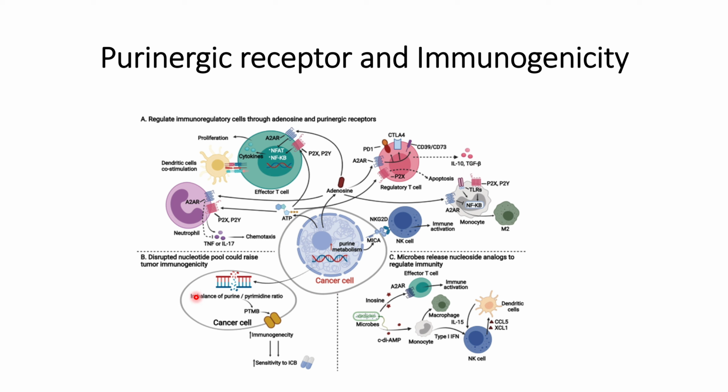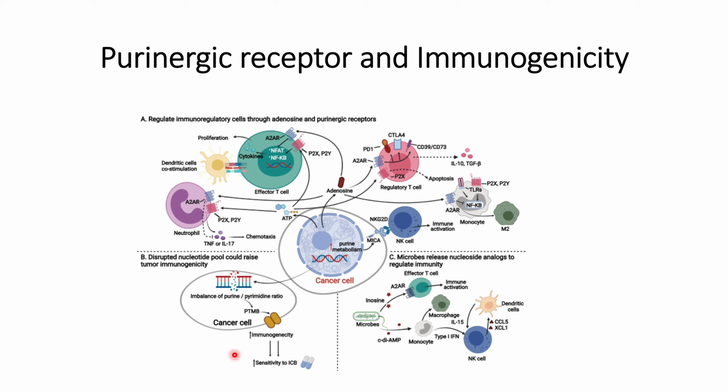And the other thing that it will cause is a disruption, an imbalance of the purine to pyrimidine ratio, because mutations lead to high purine formation. Because of this imbalance of the purine to pyrimidine ratio, this will lead to the breakage of the cell membrane of the cancerous cells, and this will release purines into the extracellular matrix of the cancerous cells.